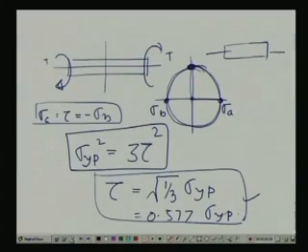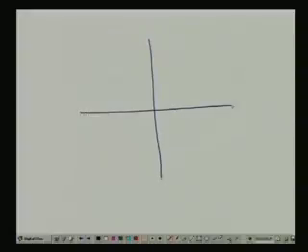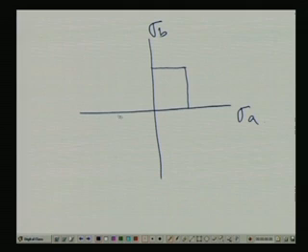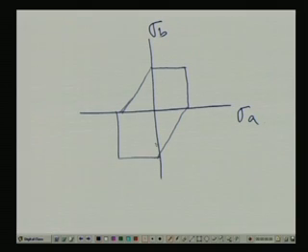If we have a comparison for the same stress levels sigma a, sigma b, we found the maximum shear stress theory.